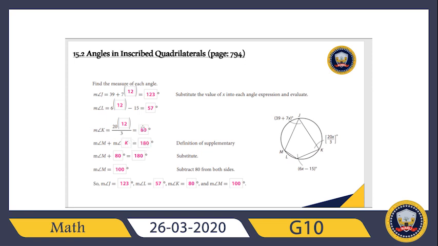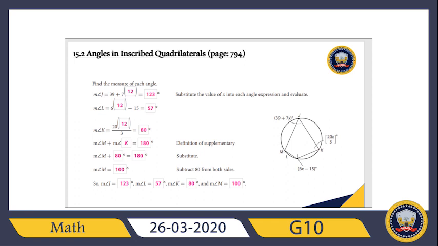The measure of K is already found, which is 80. I solve this equation, so I subtract 80 from both sides. Then the measure of M is 100 degrees. So G is 123, L is 57, K is 80, and M is 100.